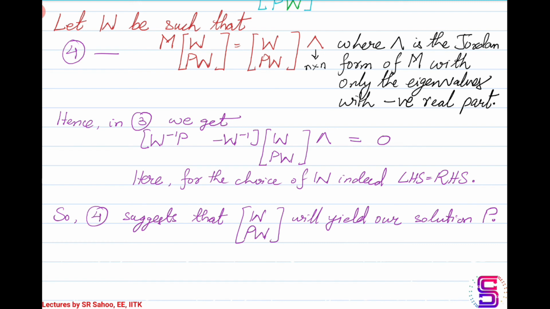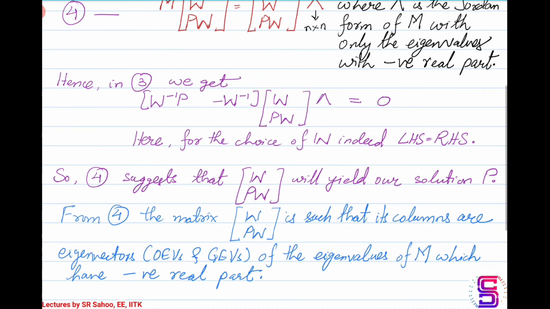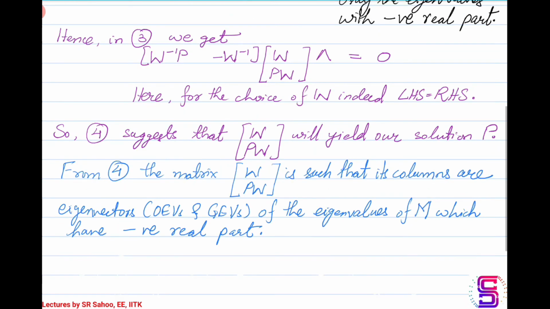So equation 4 essentially says that WPW will yield our solution for P, and from equation 4 we also see that WPW is such that its columns are eigenvectors of the eigenvalues of M which have negative real part.